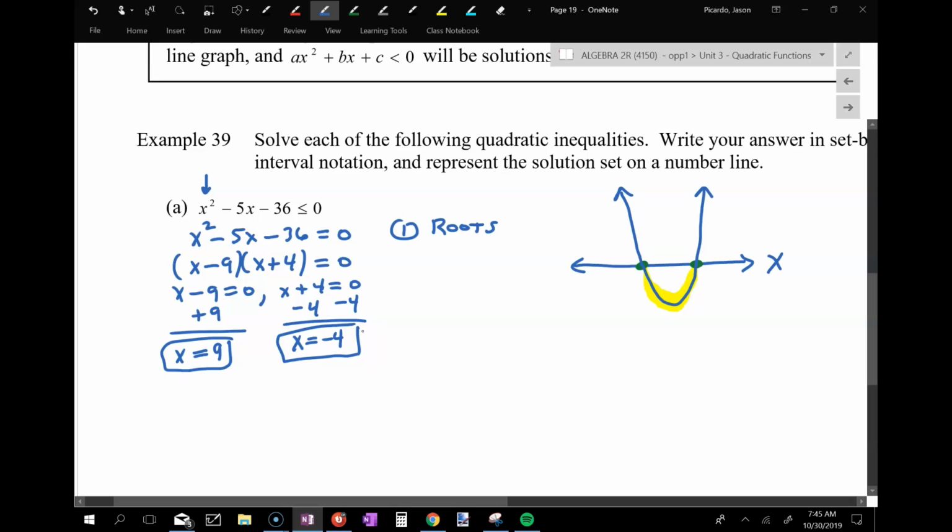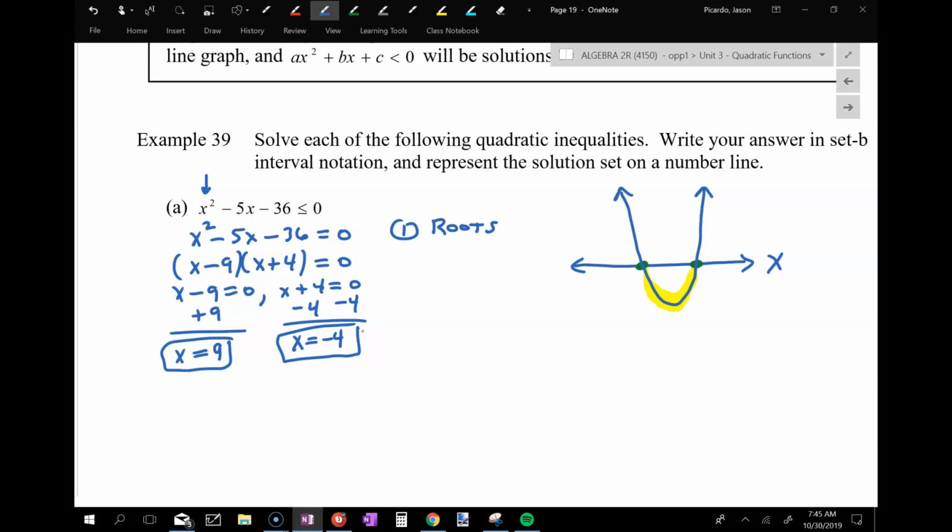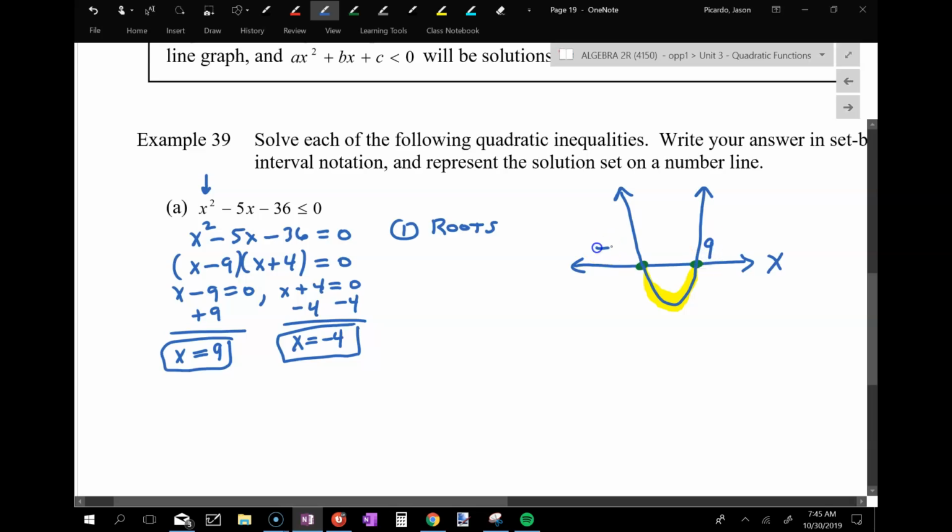So I have roots of 9 and -4, right? So what does that mean? It means that this one right here has got to be a 9 and this one right here has got to be a -4, right? In terms of the roots, in terms of what the x-intercepts are.